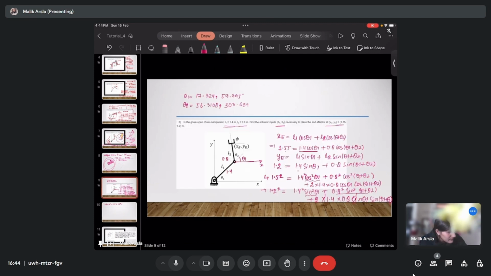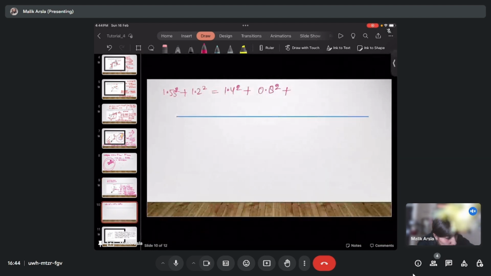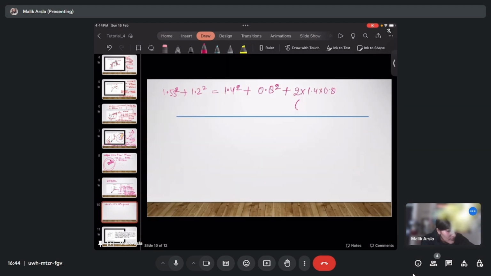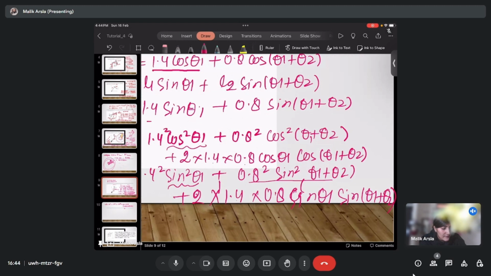Now, look at these two terms. It is 2 into 1.4 into 0.8. Here also it is 2 into 1.4 into 0.8. So I can take that out. It will be 2 into 1.4 into 0.8. Now what remains inside is cos theta 1 and cos theta 1 plus theta 2. So it will be cos of theta 1 into cos of theta 1 plus theta 2 plus what remains from this second, sine theta 1 and sine of theta 1 plus theta 2.